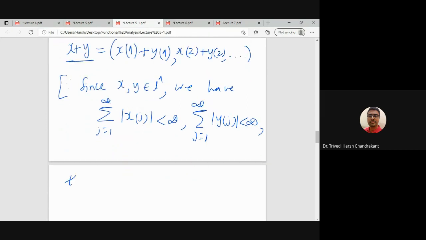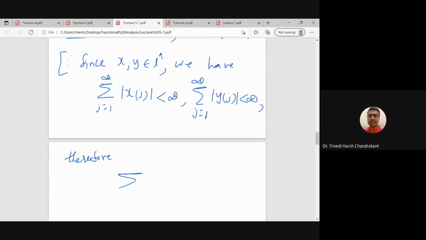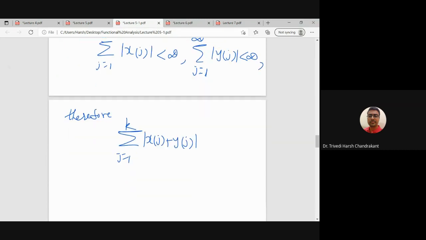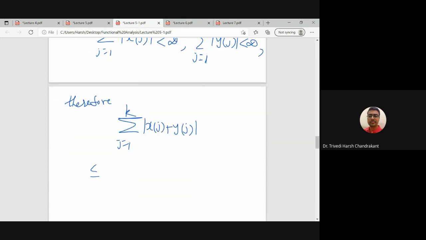Therefore, we take the summation from 1 to, let us say, k of |xj plus yj|, and this is less than or equal to, using the triangle inequality, the summation of |xj| plus the summation of |yj|.